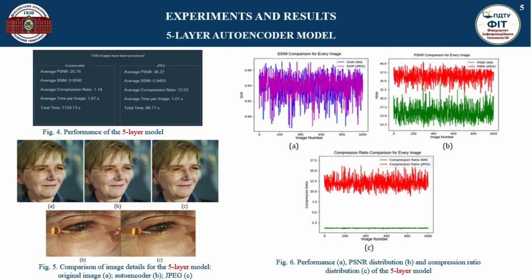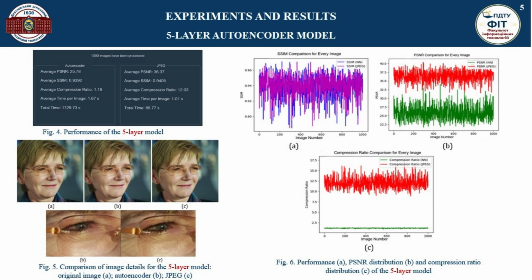A notable characteristic of the JPEG method is its ability to adjust the trade-off between quality and compression. This means that as the SSIM decreases, the compression ratio increases, as evident from the experiment's results.